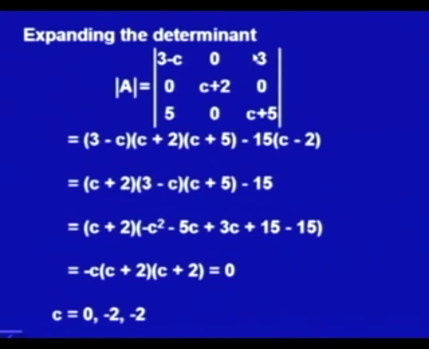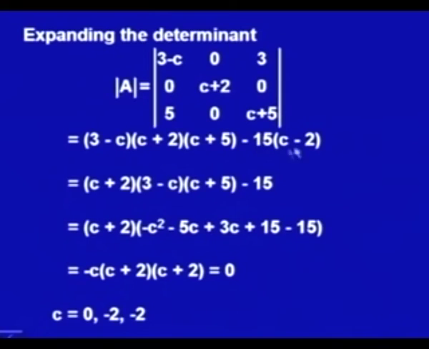To evaluate this determinant, one can expand it about this particular row. So, it is 3 minus C into C plus 2 into C plus 5, minus 0, plus 3 times minus 5 into C plus 2.